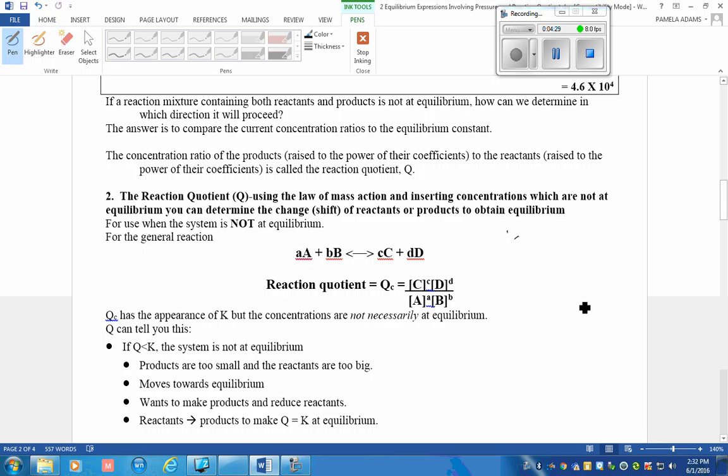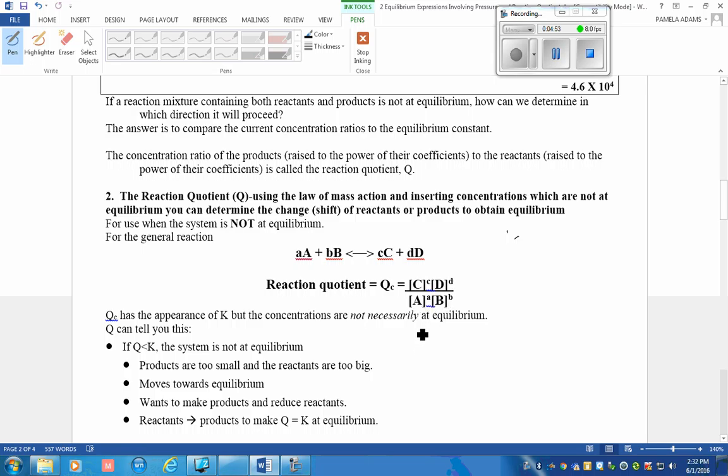Sometimes you don't know that they're at equilibrium, you have to test. For that, we use the reaction quotient. The reaction quotient Q is set up exactly like the equilibrium expression: the products raised to their coefficients divided by the reactants raised to their coefficients.